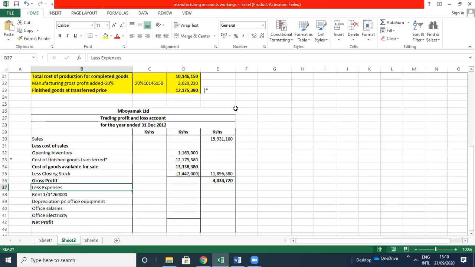From there, the next item in the trading profit and loss account is to less the expenses. And the expenses will start with the rent. Remember the rent that we calculated? What amount of rent comes here? It is the rent for the office.